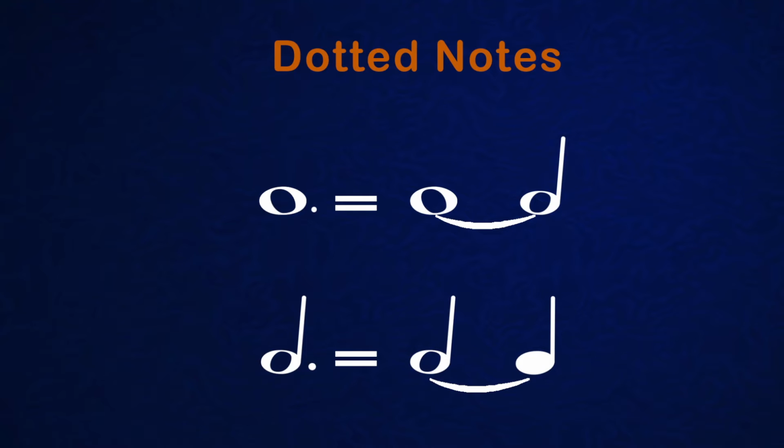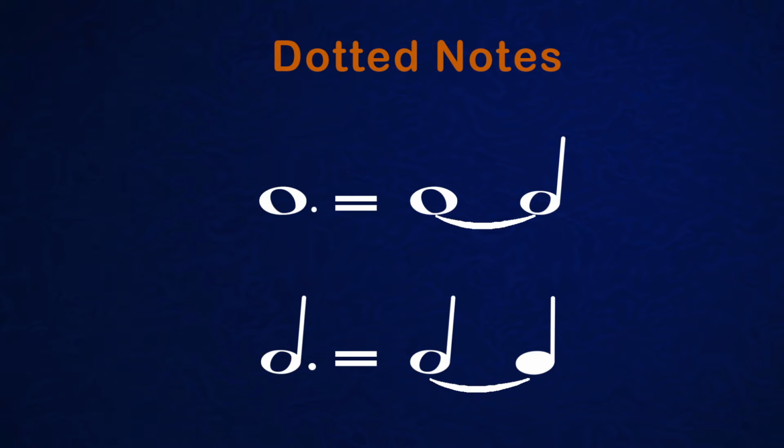So if you find a whole note, semibreve, with a dot next to it, what that dot does to the whole note, it extends it by half its value. Then if we have a dotted whole note, you would count 6 beats. So if you have a dotted whole note, the dot in it is equivalent to a minim, to half the value of the principal note.